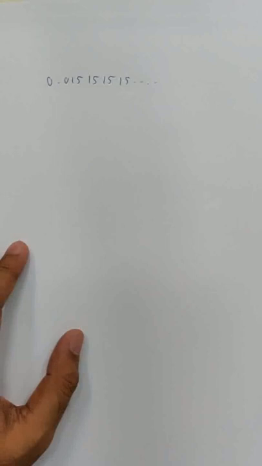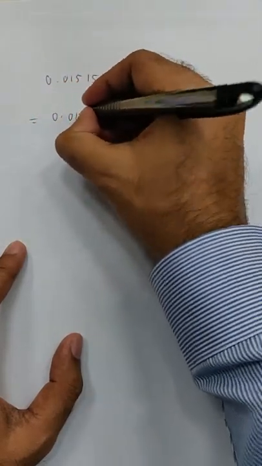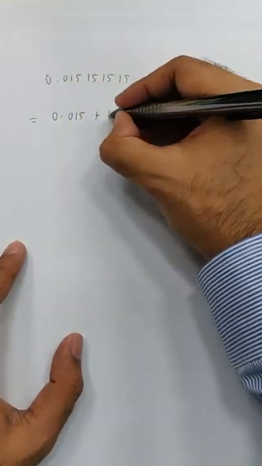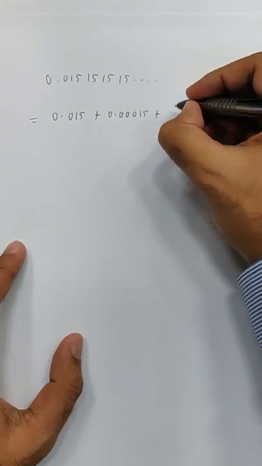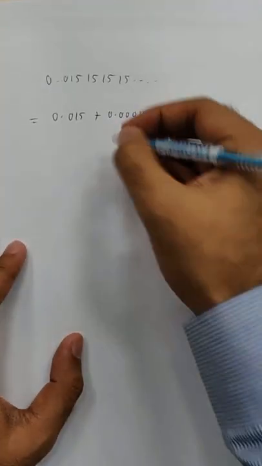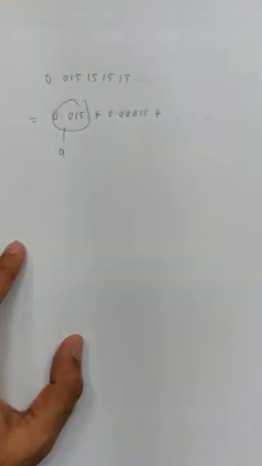How do we deconstruct this, to make it into something smaller for us to see? 0.015 plus 0.00015 plus and so on. So what's your A? This is our A.